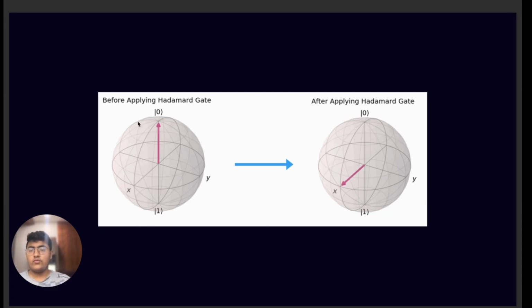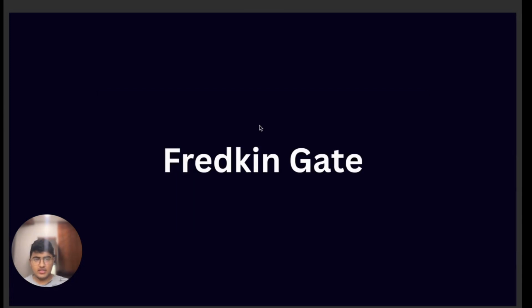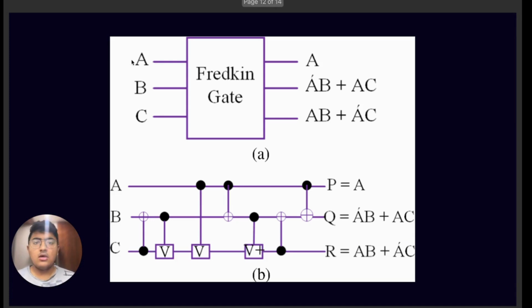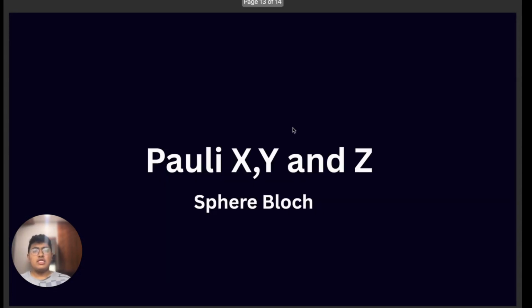Now let's move on to Fredkin and its circuit. Here you can see the Fredkin gate along with its circuit. And lastly, we have the Pauli X, Y and Z Bloch spheres.